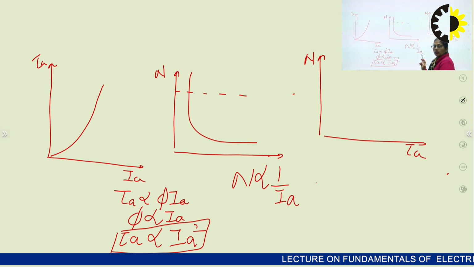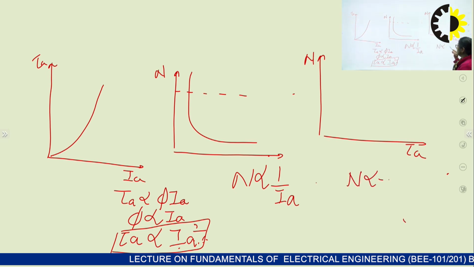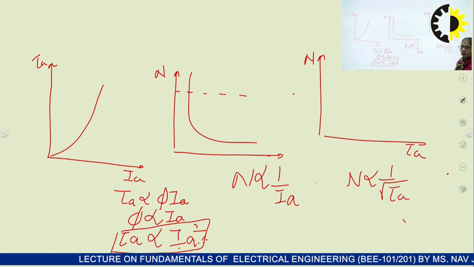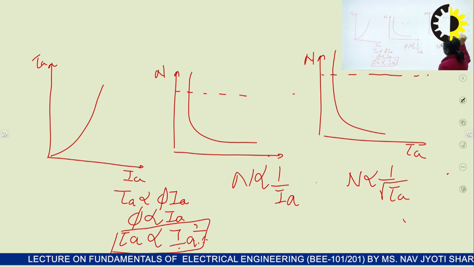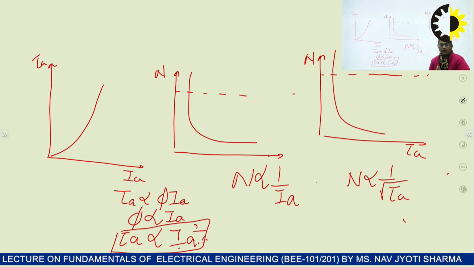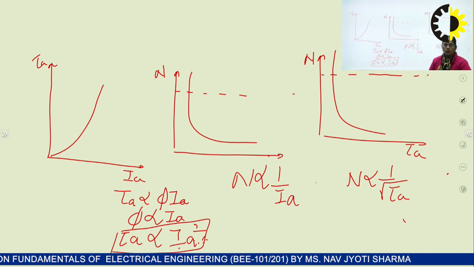And how are armature current and torque related? Torque is proportional to Ia square, or Ia is proportional to under root torque, right? So I may even say that speed is inversely proportional to under root Tau a. So the nature of the curve remains the same. It's inversely proportional. So this is for the DC series motor.